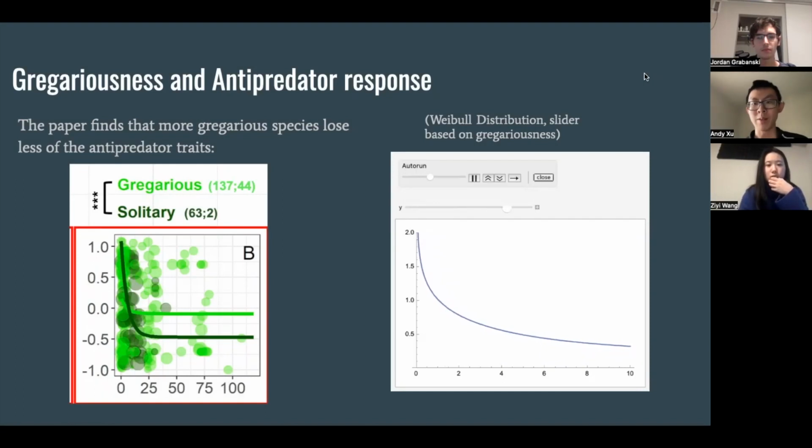This is how we got our idea of changing the Weibull curve as a relationship with the gregariousness factor.